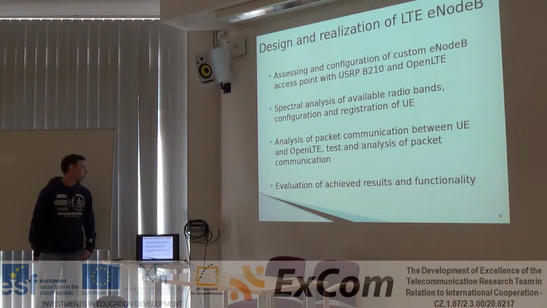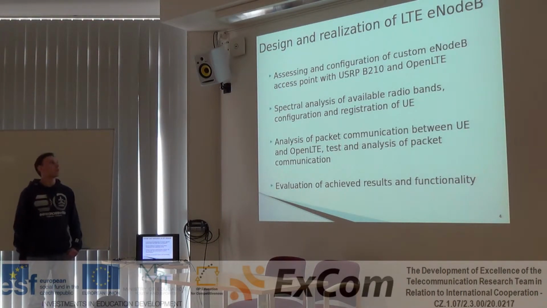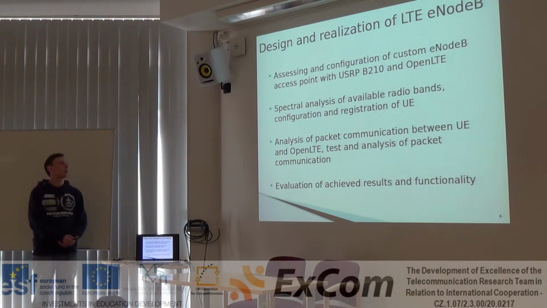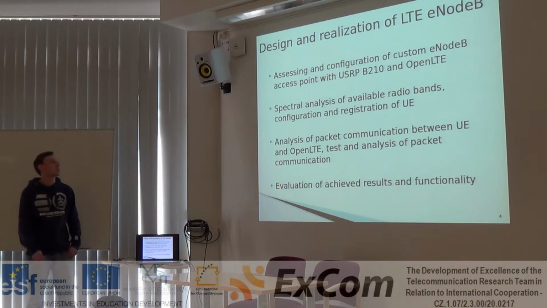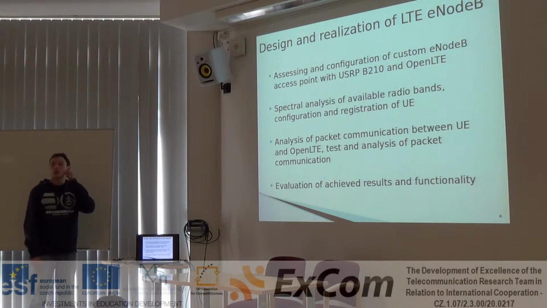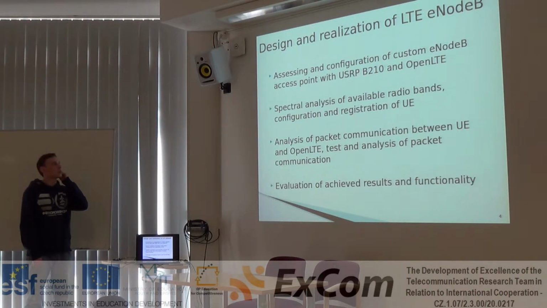And we also need the software OpenLTE. Then we need to do some spectral analysis of available radio bands because we don't want to interfere with already existing radio bands. Also, some mobile phones can have problems with interference in radio bands which are already occupied.